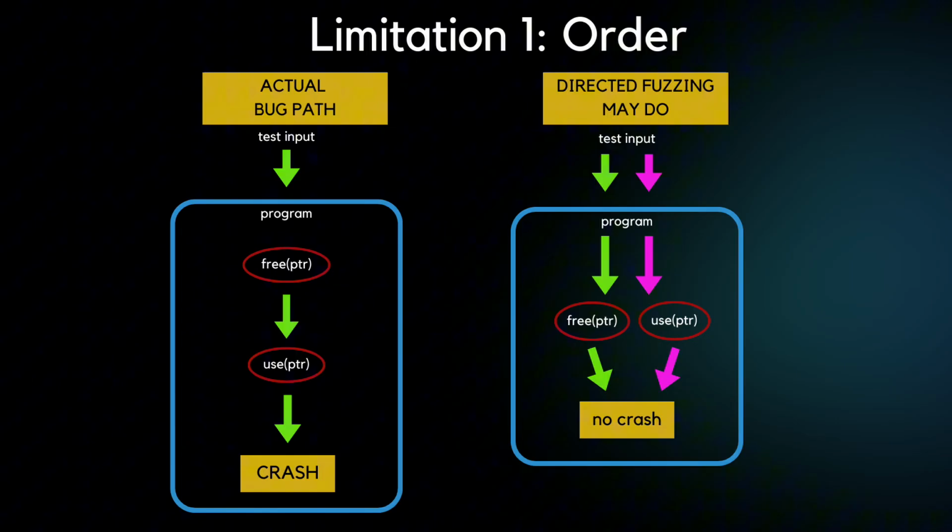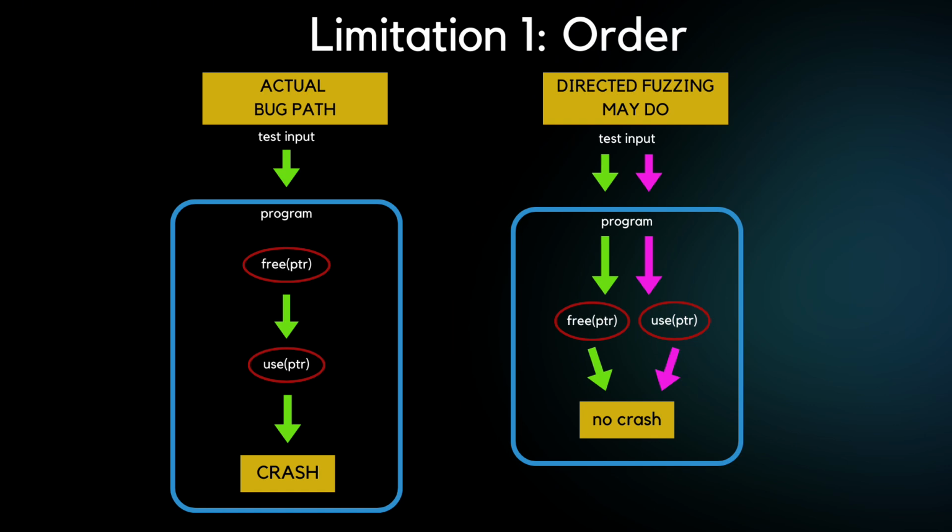The first limitation we'll discuss is the execution order. So this involves the order of operations. Consider a common vulnerability in code called a use after free bug. This occurs when a program frees a block of memory and then later attempts to access it again.